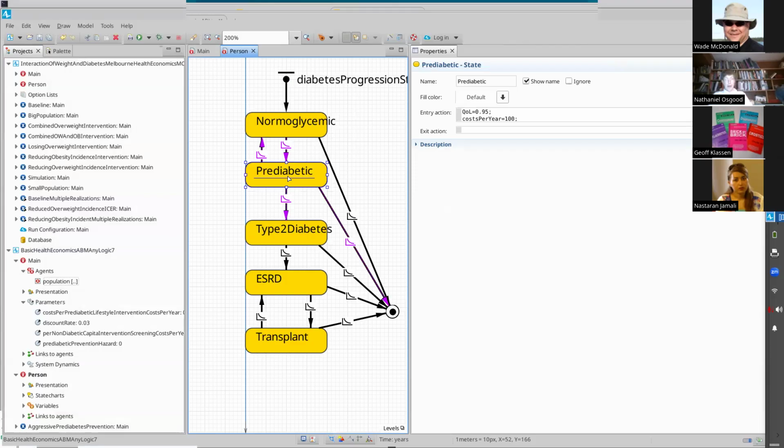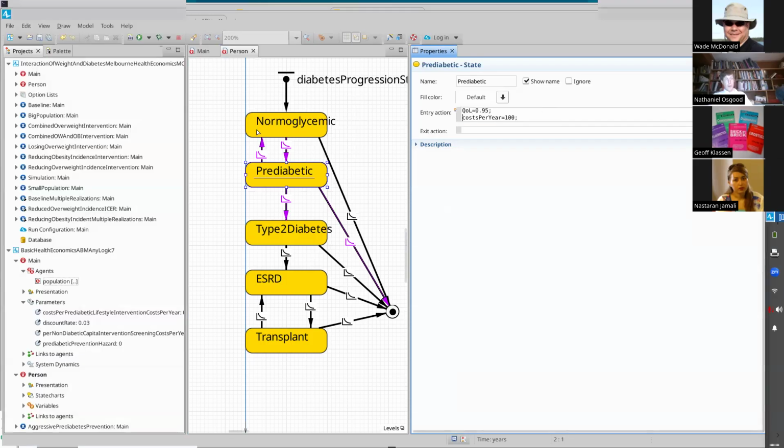In the pre-diabetic state, however, we'll treat there as being an extra cost associated, we'll say, with extra testing going on per year, maybe to get their blood work done and particularly measure HbA1c levels, glycated hemoglobin levels.